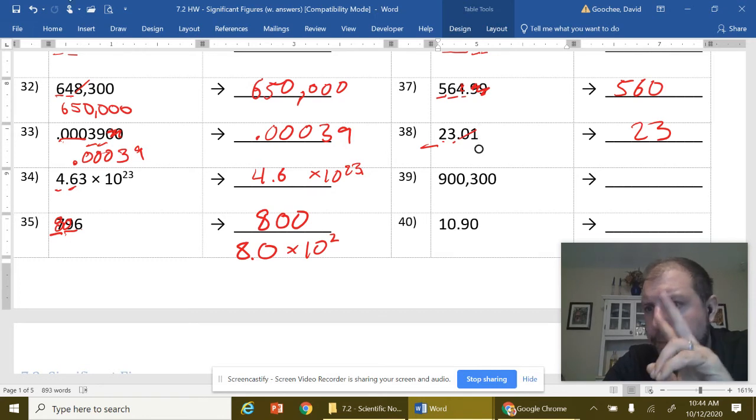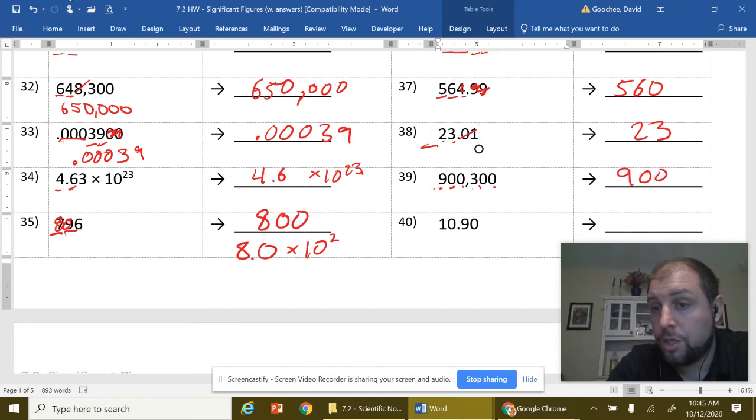Okay, how about this one? 939,300. We can keep two significant figures. Moving from left to right, we can keep the 9. We can keep this 3, and everything else just rounds away. So it's just 900,000. Now, once again, you're in an awkward situation where you're like, Mr. Gucci, this only looks like it has one significant figure.